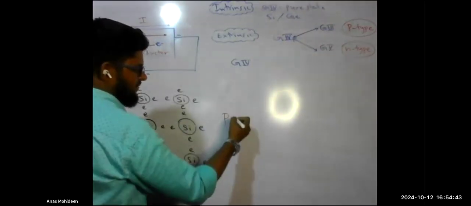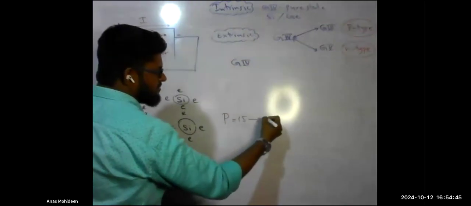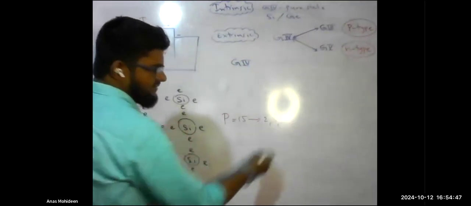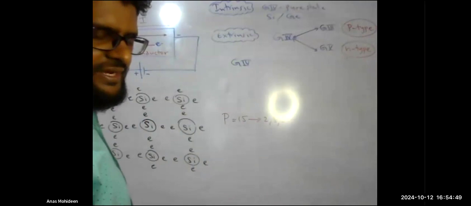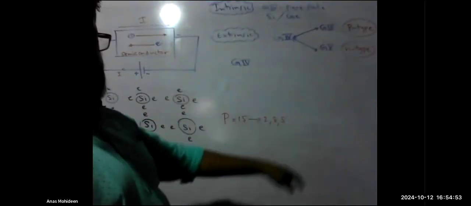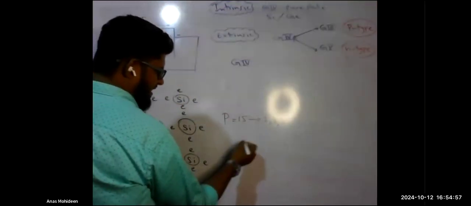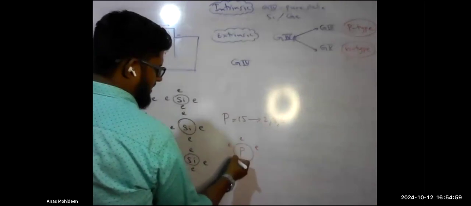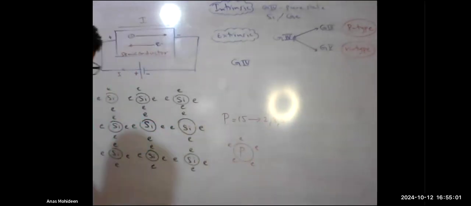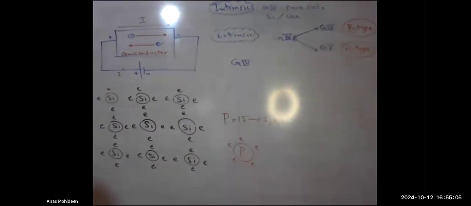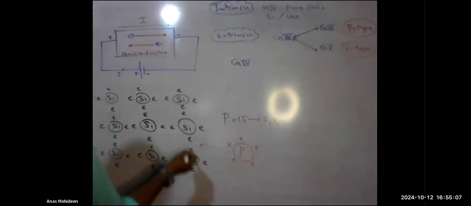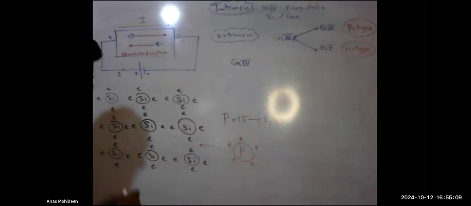Who is phosphorus? Phosphorus is the 15th element, so 2, 8, 5. That means 5 electrons are there in the outer shell. So phosphorus has 1, 2, 3, 4, 5, five electrons. When you're going to dope phosphorus here, imagine I'm going to keep phosphorus at this place.